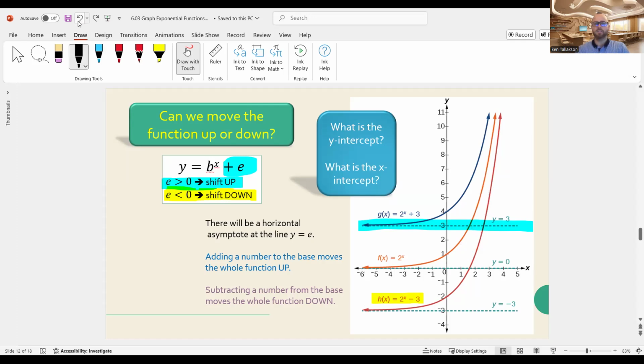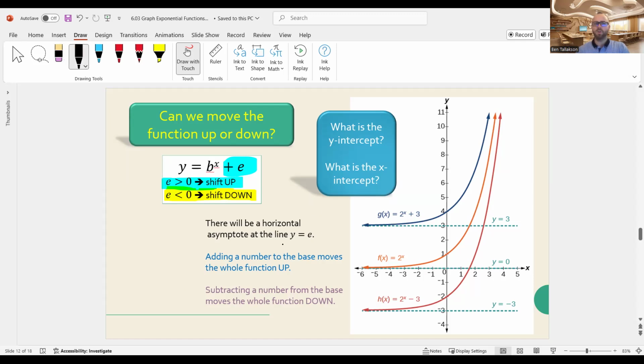If you're adding, here, g of x is 2 to the x plus 3. Well, every single point is going to move up 3. And my advice to you when moving lines, aka applying vertical shifts, is to start with the horizontal asymptote first, and then graph the rest from there. It will just make your lives easier. Okay.